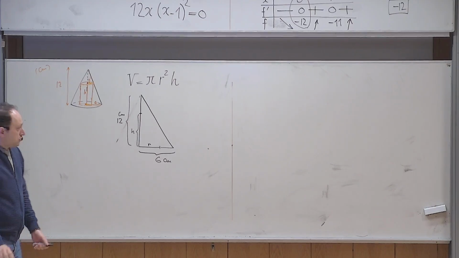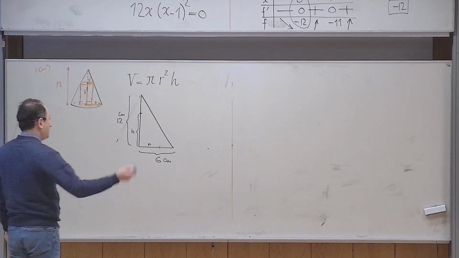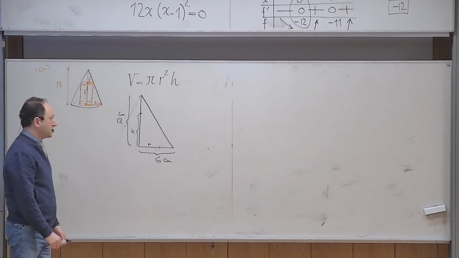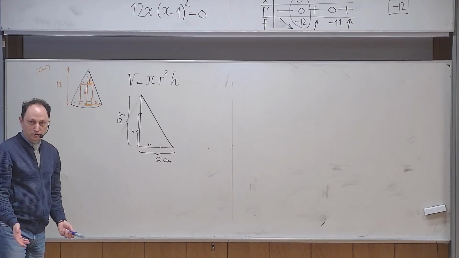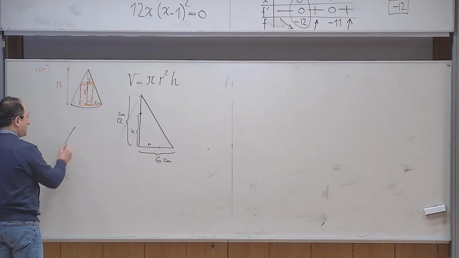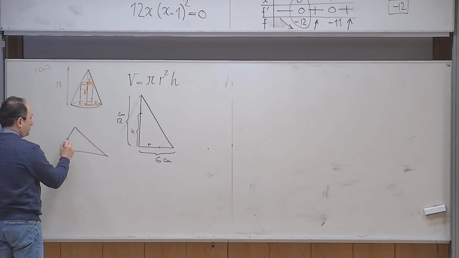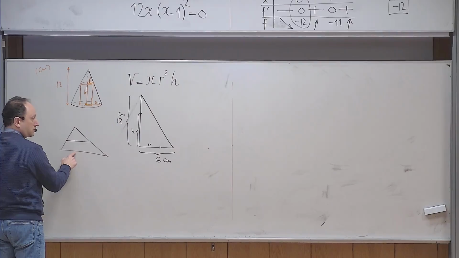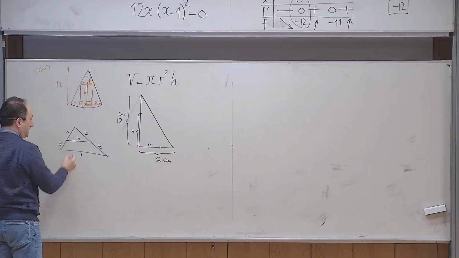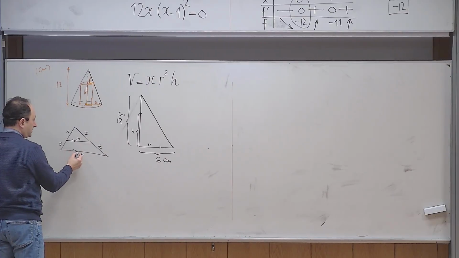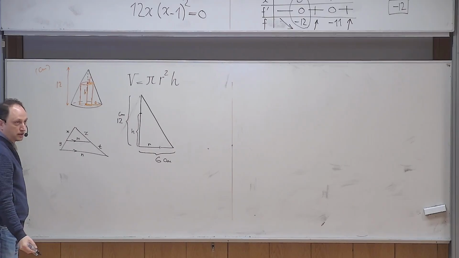I don't know if you have seen the previous lessons in Ma3c, for example. This is a famous theorem. Have you seen the top triangle theorem or something like that? If you have a triangle like this, and you draw a line parallel to the base, for example, if this is x, this is y, this is z, this is t, this is m, this is n, and you know that this line and that line are parallel, what can you write?